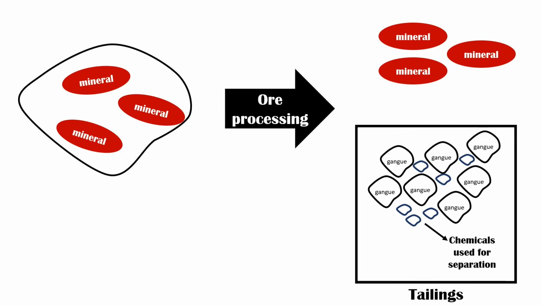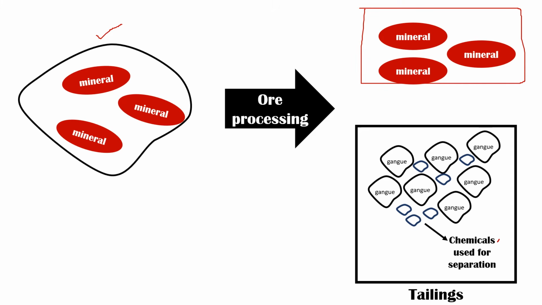Para mas maintindihan natin ang ore processing, let's look on this illustration. So sa illustration na to, makikita natin ang isang ore. After ore processing, makikita natin na na-concentrate yung minerals sa isang place at nahiwalay ito dun sa unwanted materials which we call as the gangue. Gumagamit tayo ng different techniques para mahiwalay ang mineral sa gangue.